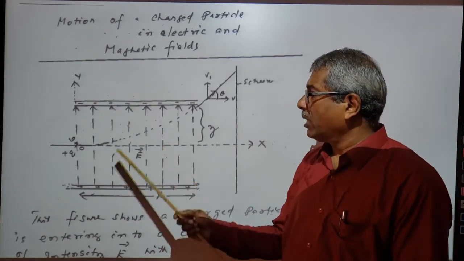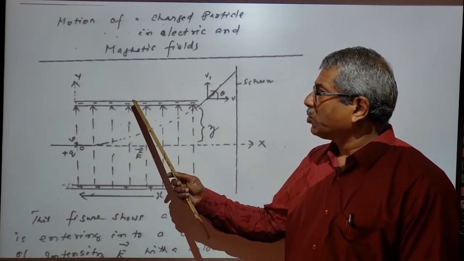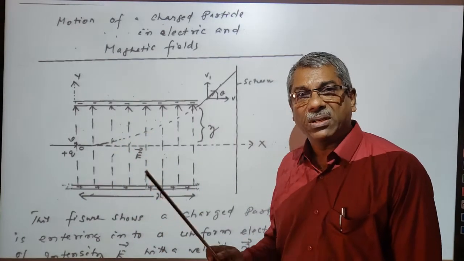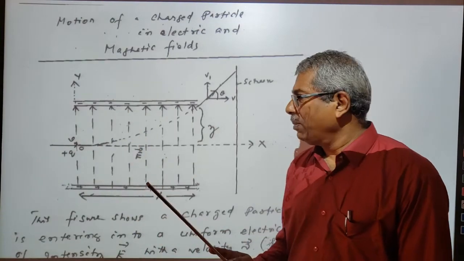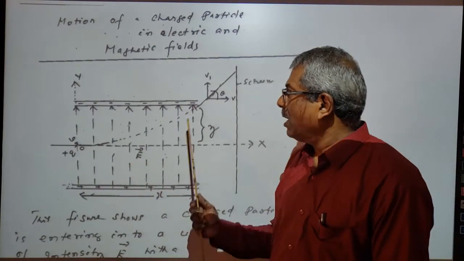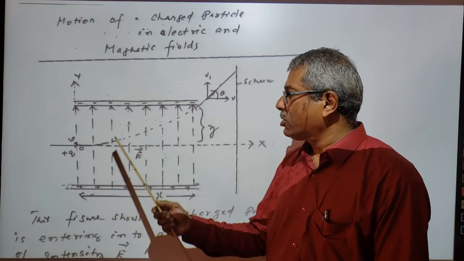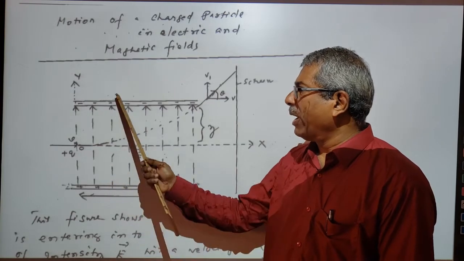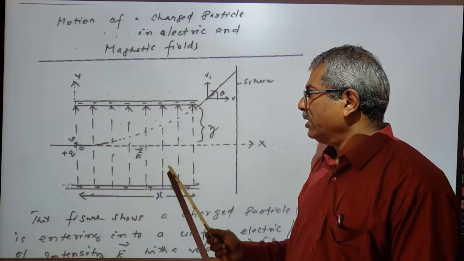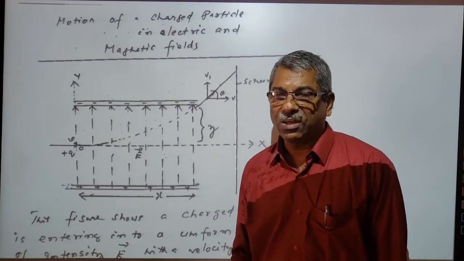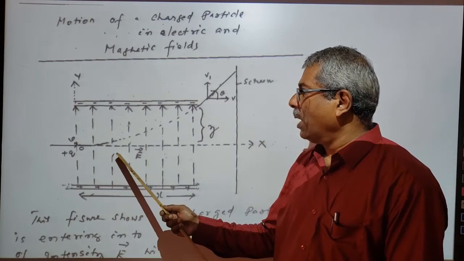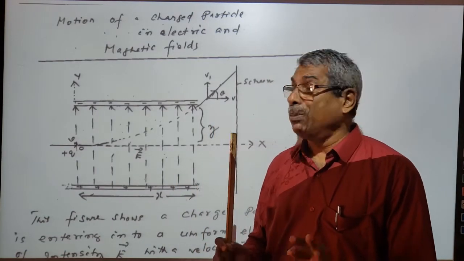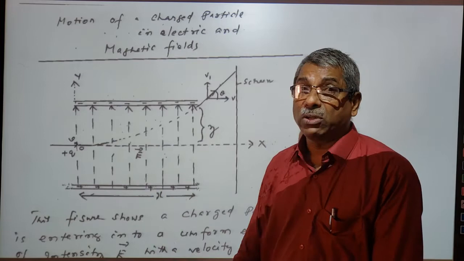An electric field can be created by using two parallel metallic plates kept a distance d away from each other. When a potential difference is created between these two plates, an electric field is set up within the space between the two plates. You see, the field lines are like this: equidistant parallel lines with arrowheads represent a uniform electric field of intensity vector E.